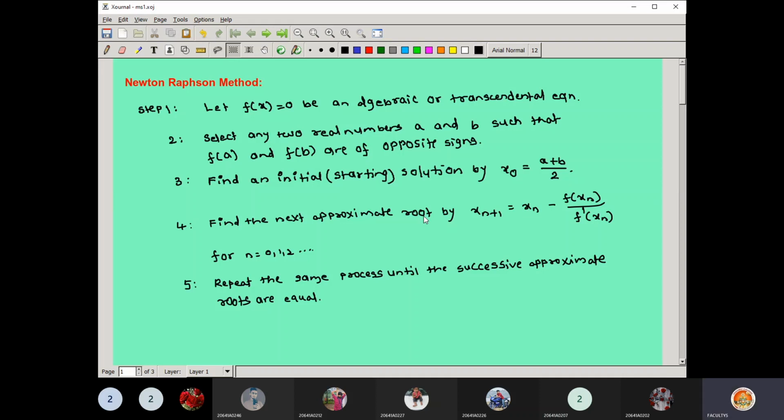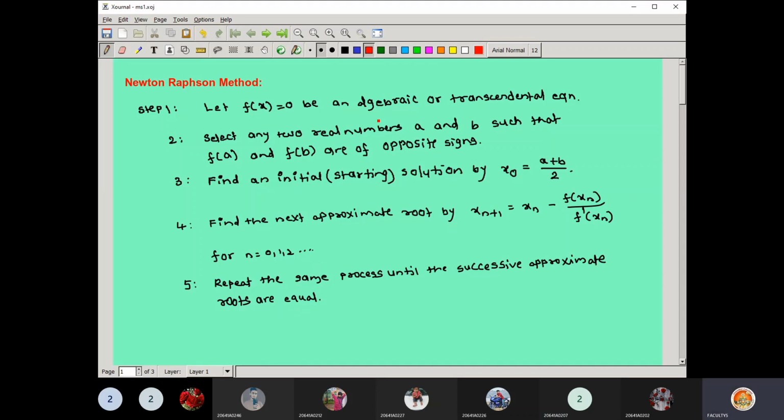Step 4. Find the next approximate root. We have a special formula for that: x n plus 1 equal to x n minus f of x n by f dash of x n.